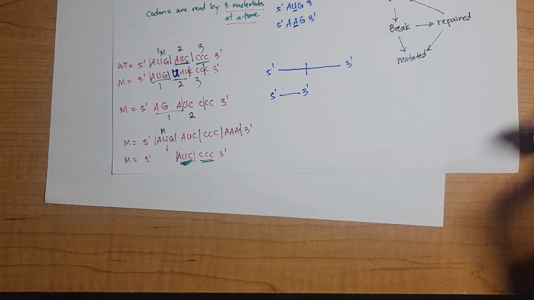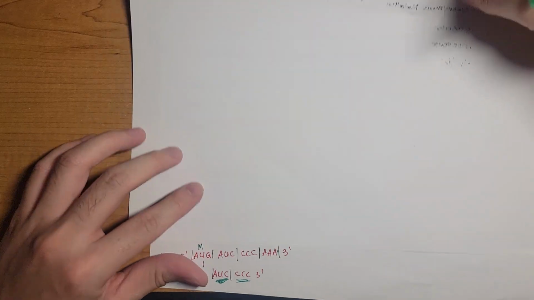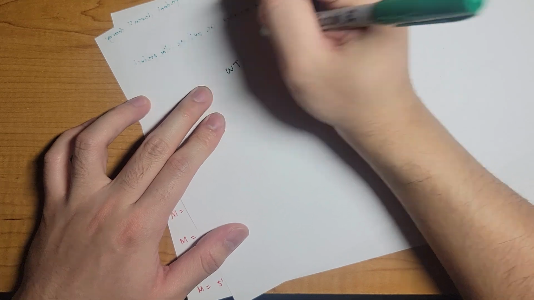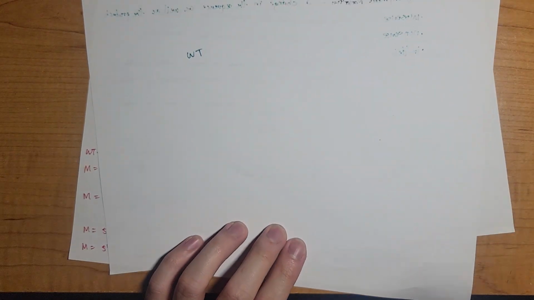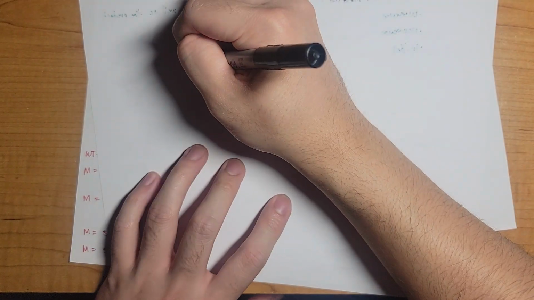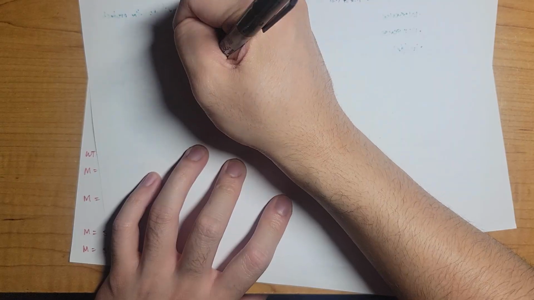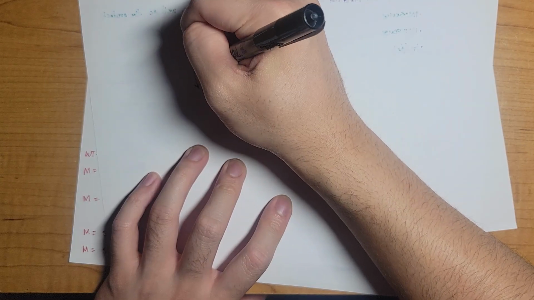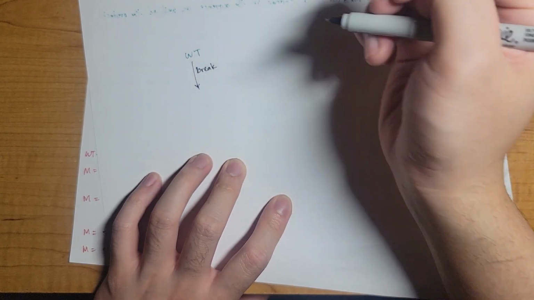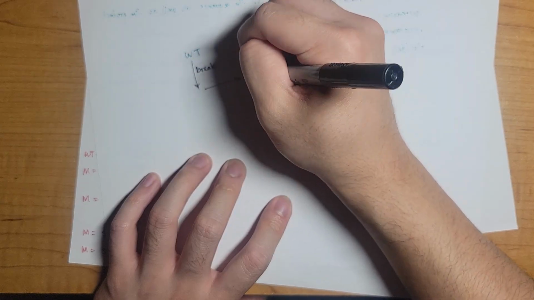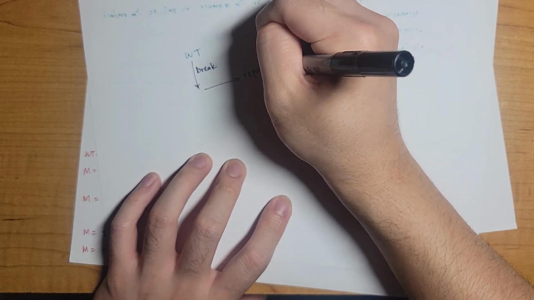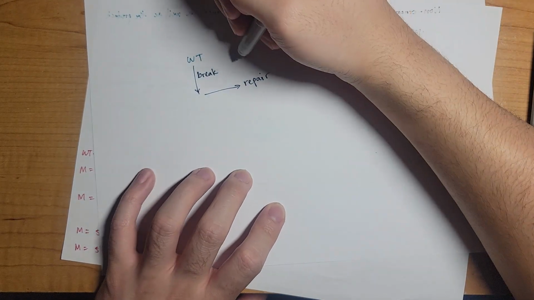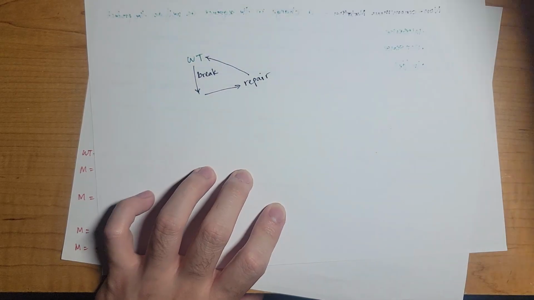So yeah, if I'm going to summarize everything, basically, first we have a wild type sequence. Now, let's say something happened, a break happened, so it could undergo repair, and if it's correctly repaired, we'll still have the same as our wild type sequence.